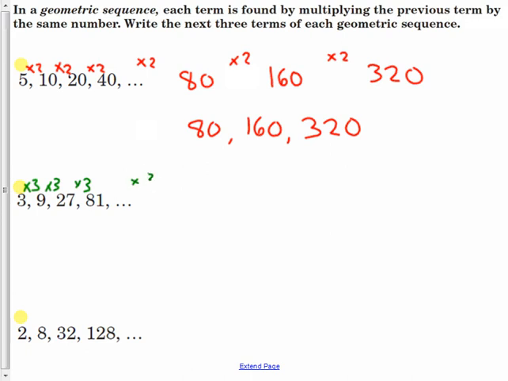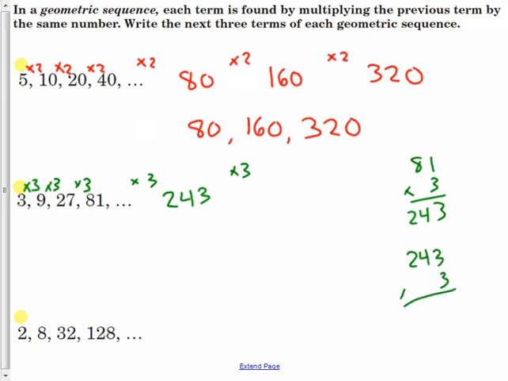So I can take 81 times 3. We'll do that over here. 81 times 3 is 243. And now I take 243 times 3. It's 729.